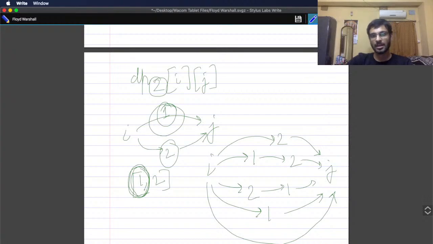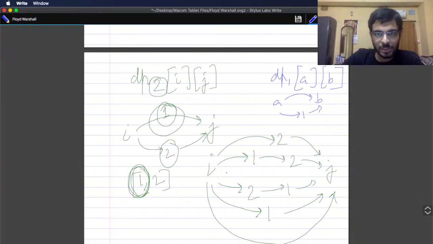So now let us understand. dp1 of any A, B gave us 2 possibilities. What were those 2 possibilities? A to B and A to 1 to B. Now let us understand this particular path.